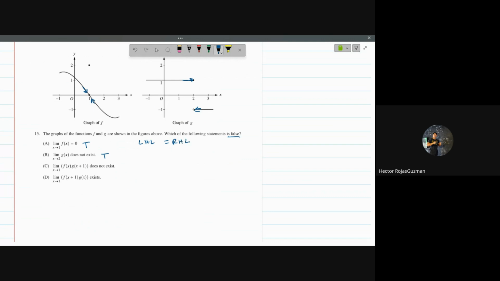You know that's true, I literally used that logic for A and B. So check it out: the limit as x approaches 1 from the left of f of x times g of x plus 1 must also equal the limit as x approaches 1 from the right side of f of x times g of x plus 1. So what's the limit for f as you approach it from the left? 0.